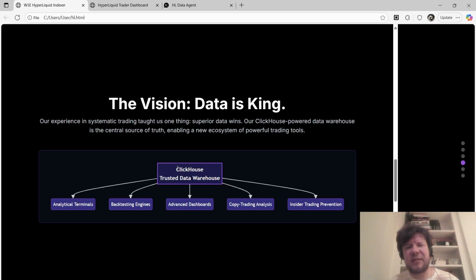But the core is the data, and as analysts and quantitative researchers, we love working with clean data, and we are providing clean data.